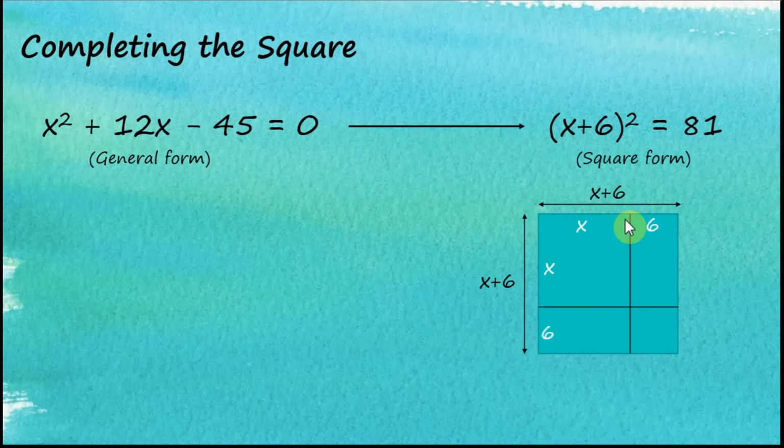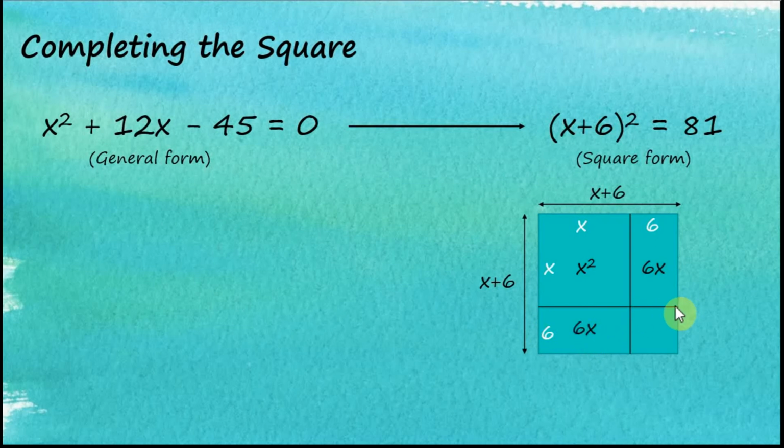Now, if the dimension of this square is x, the area of this square must be x squared, right? And how about the area of this rectangle here? The length is 6 and the width is x, and therefore the area is 6x, and so does this one. The length is x, the width is 6, and therefore the area is 6x.